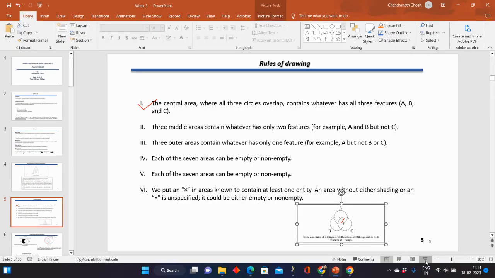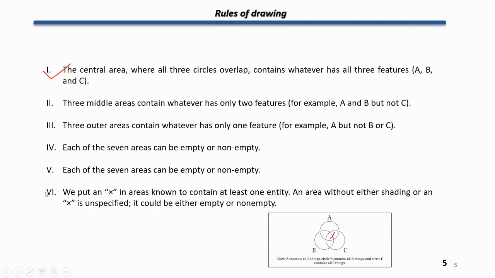So what are those parts? Those parts are basically this part, this part, the major part, and this part. So that is the second one.